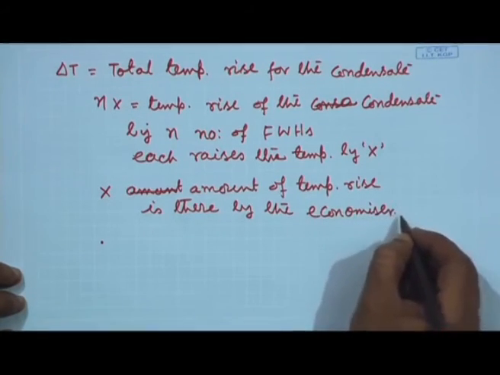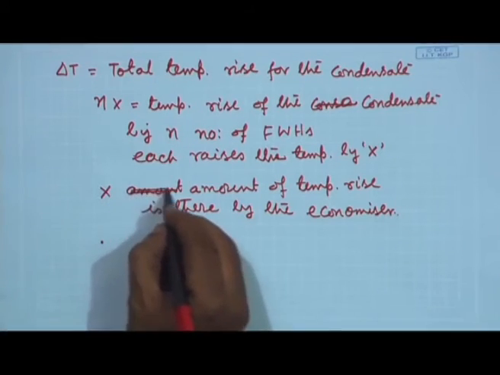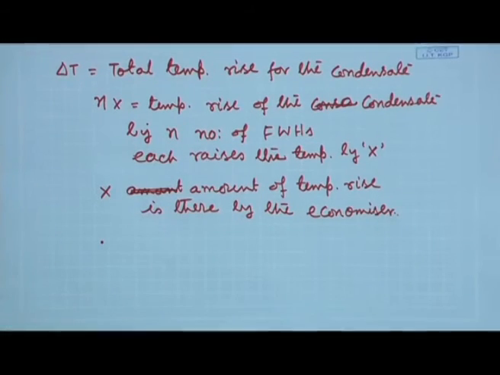So, basically by introducing feed water heaters, we have reduced the heat requirement from the economizer. Now, we have decided that we will use n number of feed water heaters.